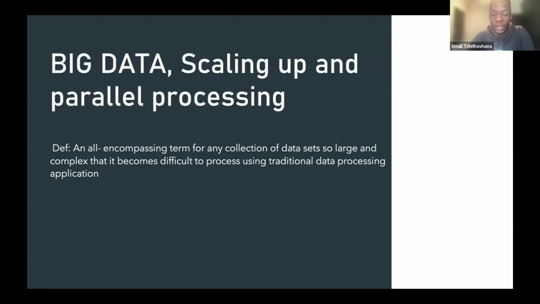So it becomes hard to actually analyze big data because of how complicated and complex it is.